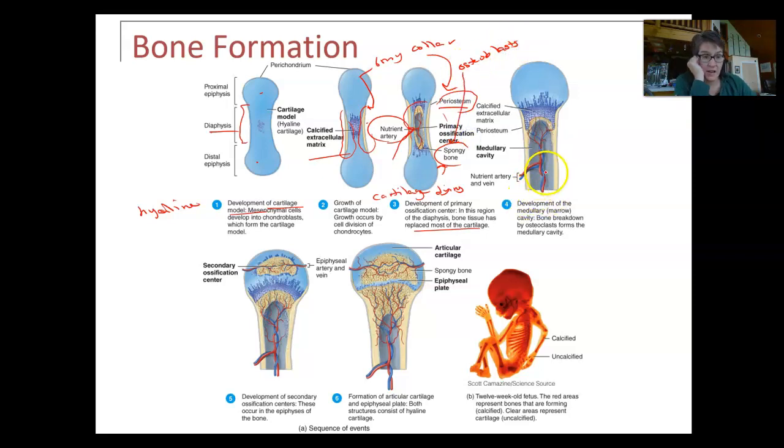Okay, well, but the diaphysis is not made out of spongy bone, so I will have osteoclasts coming in to hollow out that diaphysis. So osteoclasts hollow out the medullary cavity. That will ultimately be filled with yellow bone marrow.